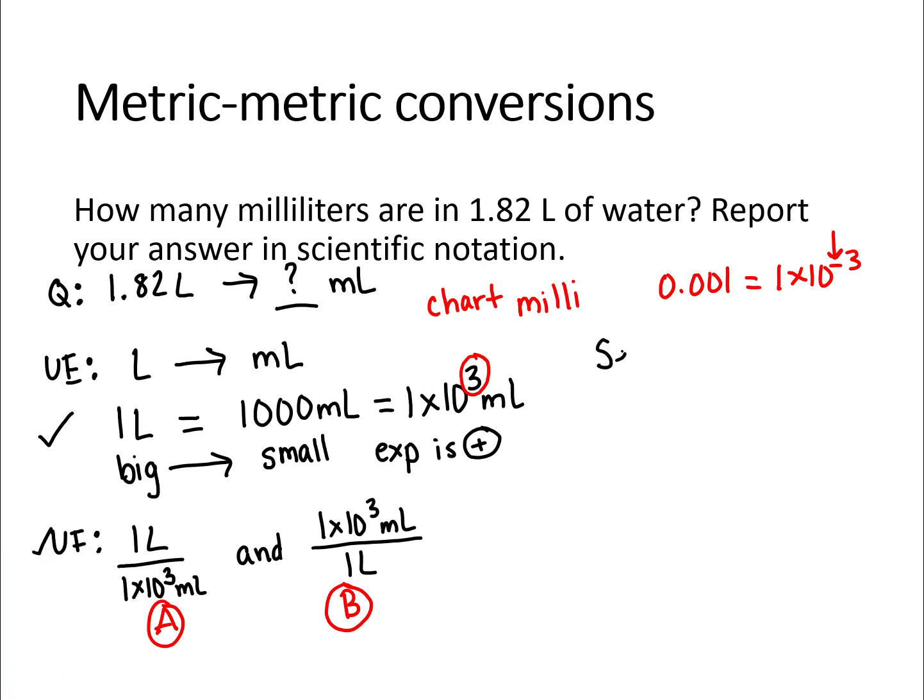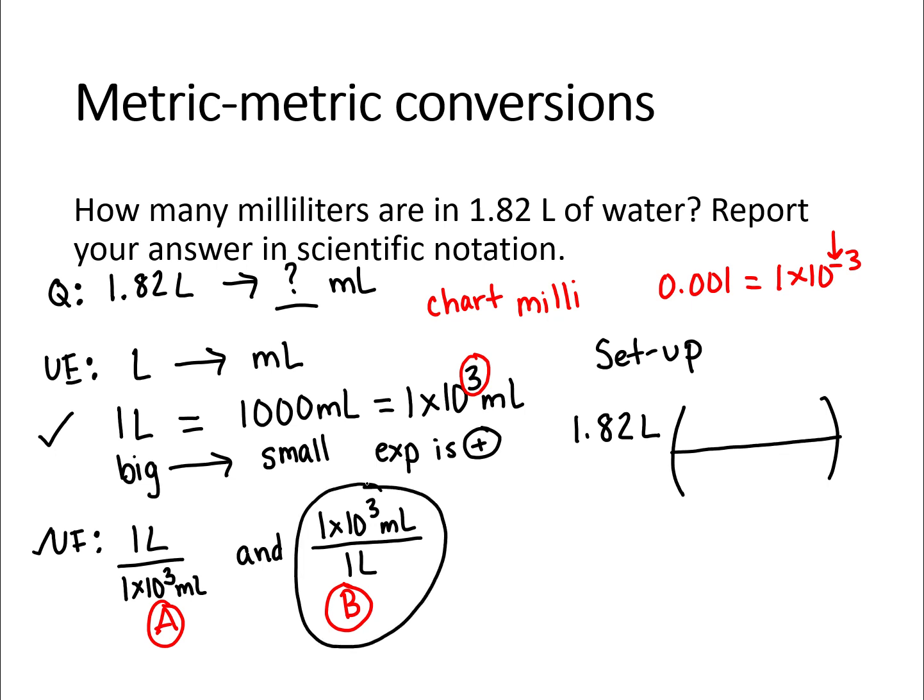The last step is your setup. We're going to set up that calculation. We have 1.82 liters, and we need to choose which unit factor is going to cancel the liters and give us milliliters. So of the two that I've written, which one will do that for us, A or B? B, right.